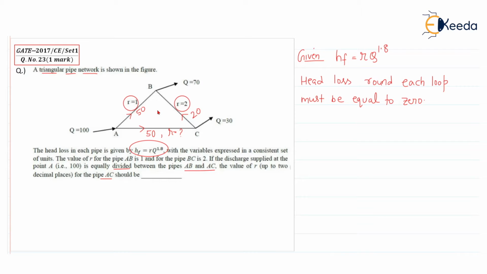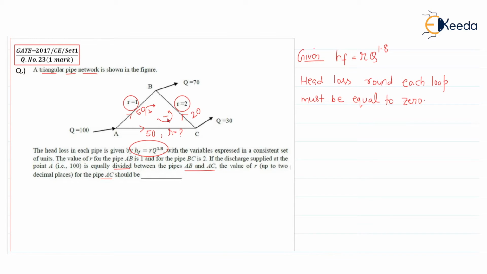So the direction is: total head loss around each loop must be 0. Look at this, these two pipes AC and CB are in the anti-clockwise direction, so it is negative, and AB will be giving you the positive, correct?